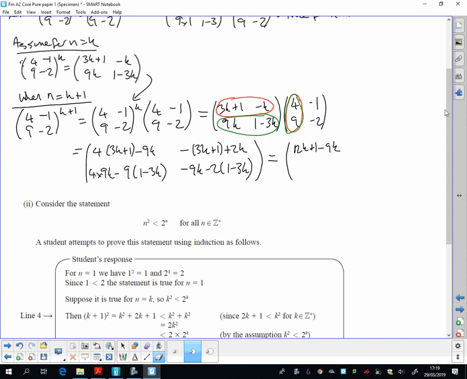And then we're going to simplify all that. k plus 1 minus 9k, so it's going to be 3k plus 12k plus 4, take away 9k, it's going to be 3k plus 4. Here we get negative 3k, negative 1 plus 2k. So here I'm going to get 36k, take away 9.